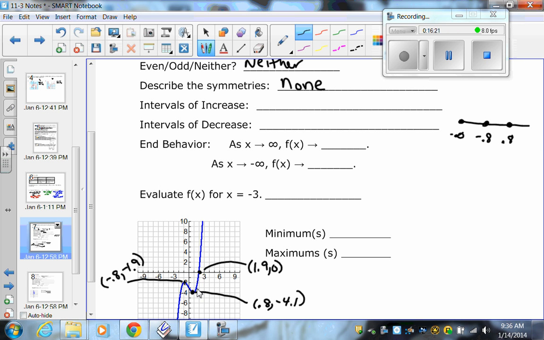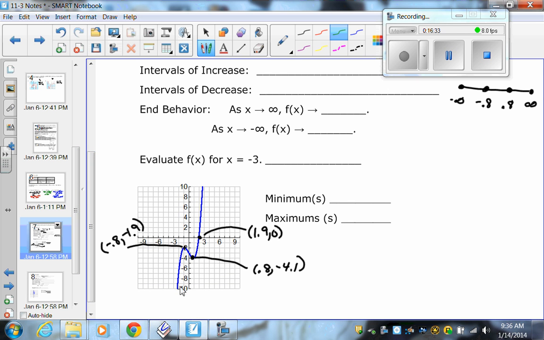And then it keeps going on towards positive infinity. Again, we're going to read it left to right. Left to right, we go up, so that means it's increasing. Then we go down, so it's decreasing. And then we go back up, so it's increasing.